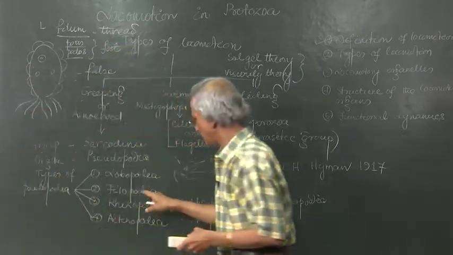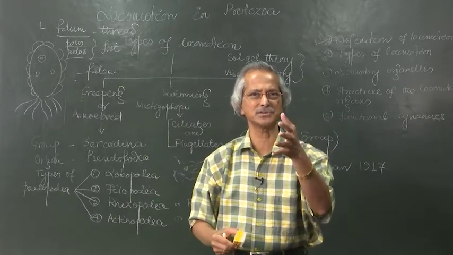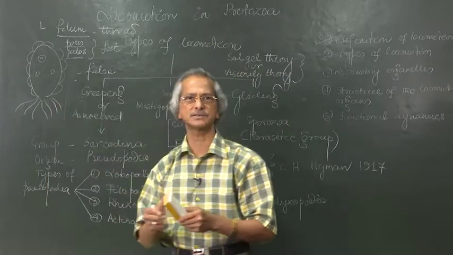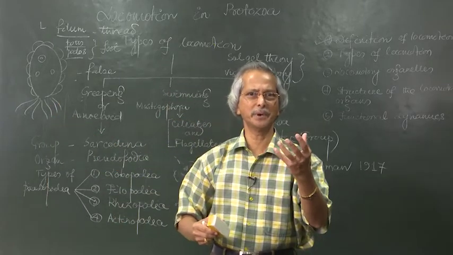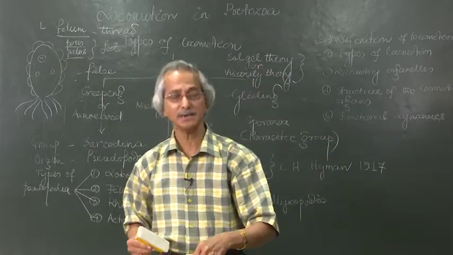So, filopodia means finger-like projections, thread-like structures actually. These thread-like structures help in movement of the animals from one place to another. That is exactly known as filopodia.